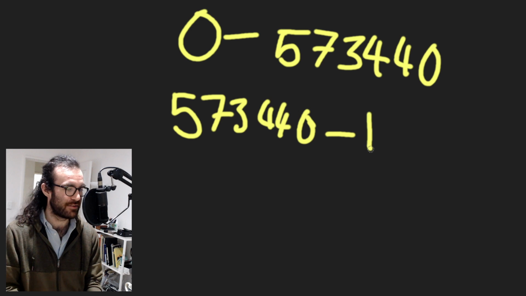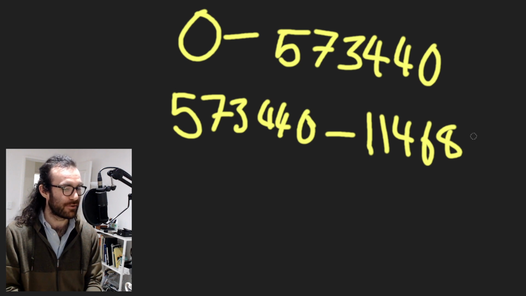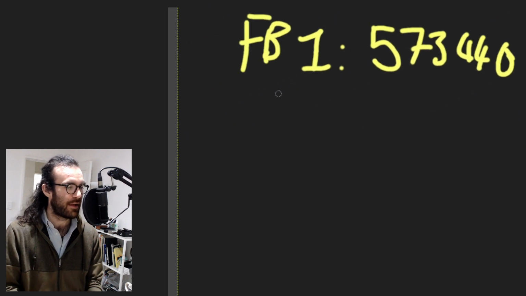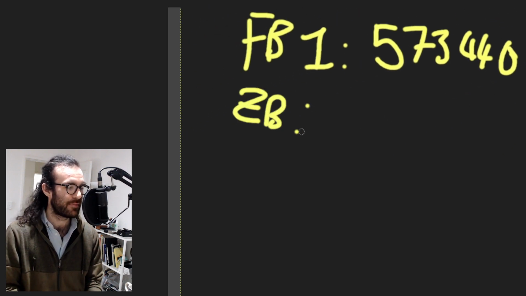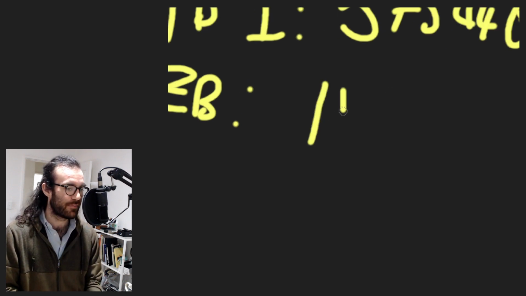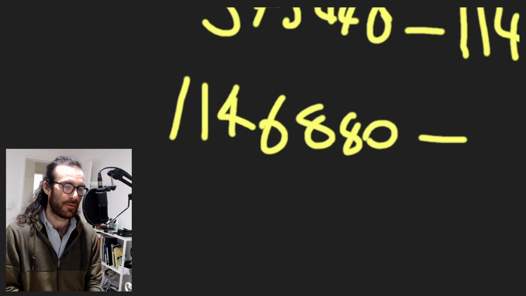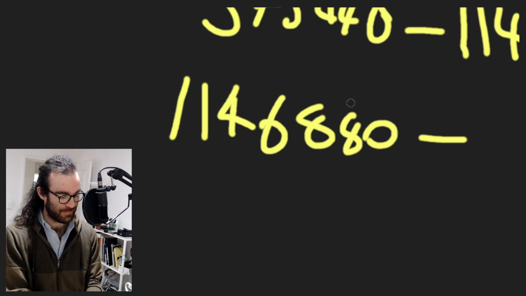That's actually not that hard to do in your head. 1146880, my mistake. Okay, and then the Z buffer is going to go from 1146880 to 1. Oh, that's harder to do in my head.